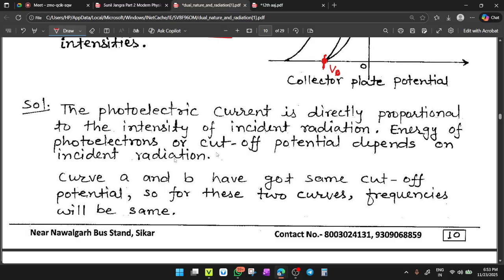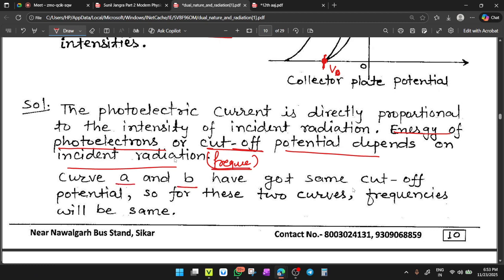But the energy of photoelectrons or cutoff potential depends on the incident radiation frequency.